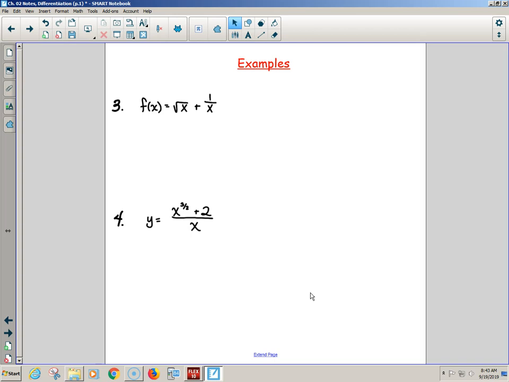Square root is 1/2. So you have to do 1/2. Then you're going to subtract it. You're going to pull this down, and you can subtract it. It's 1x. So it's 0, 2. And then you're going to do this one. This is 1.